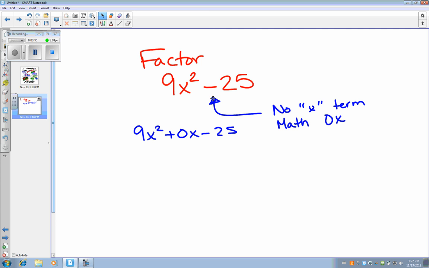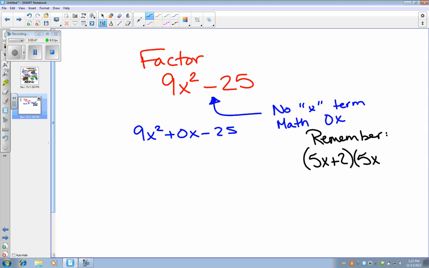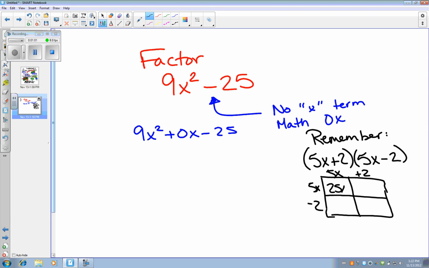So again, before we start this problem, I'm going to take a little trip down memory lane. If you had to multiply 5x plus 2 times 5x minus 2, okay, what would happen is, if you're into drawing a rectangle to multiply something like that, which some of you like to do, this would be 5x plus 2, this would be 5x minus 2: 25x squared, plus 10x, minus 10x, and minus 4.